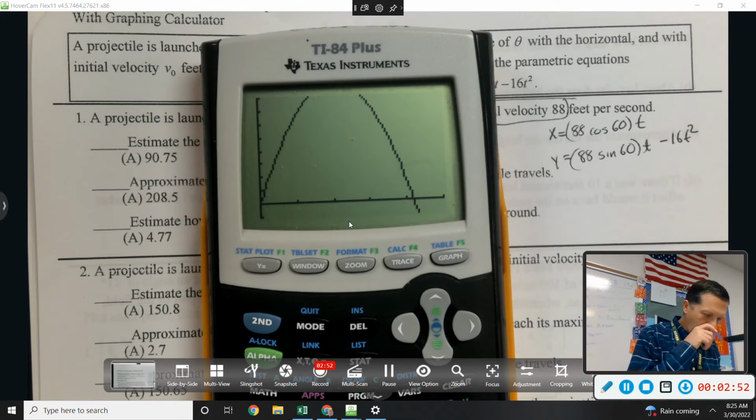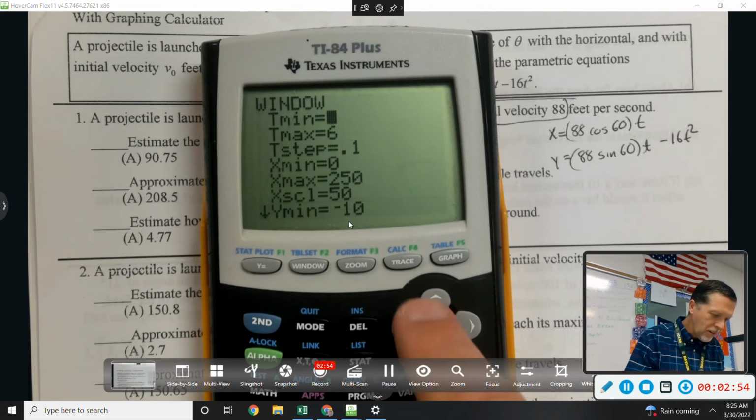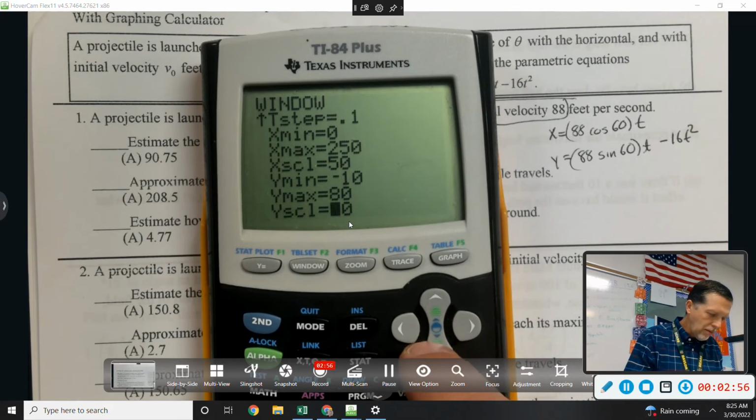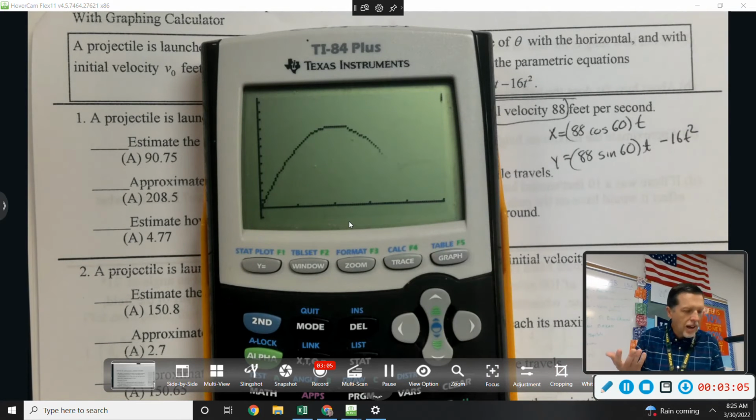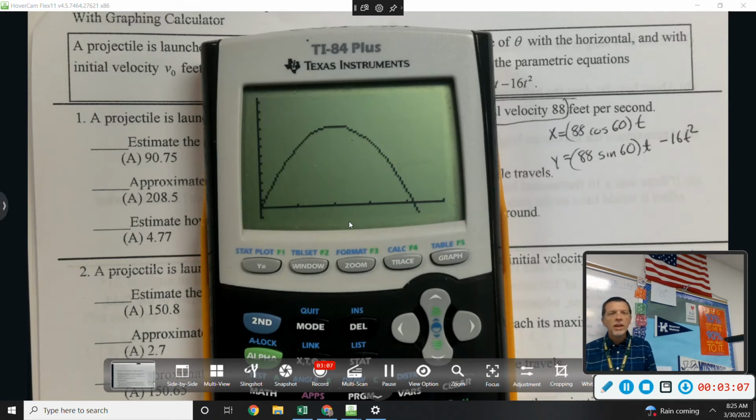I need to increase y by a little bit. So let's see. We went from negative 10 to 80, so 125. We'll see if that works. Yeah, that's fine. Again, not everyone's graph is going to be exactly right or exactly the same, because you're just going to play around until you get a window where you can see everything.